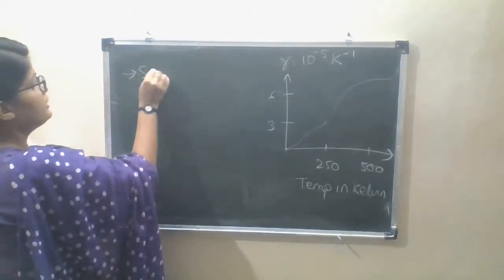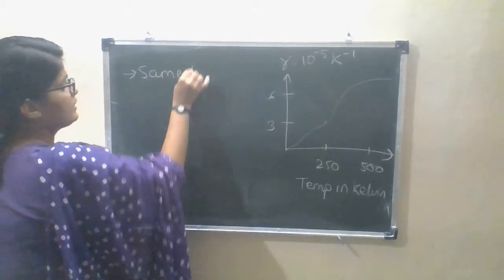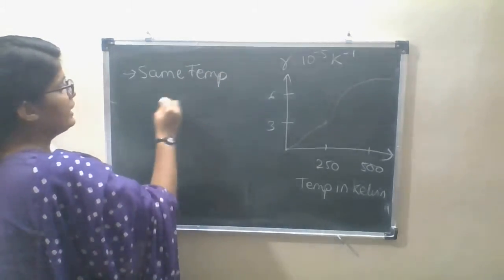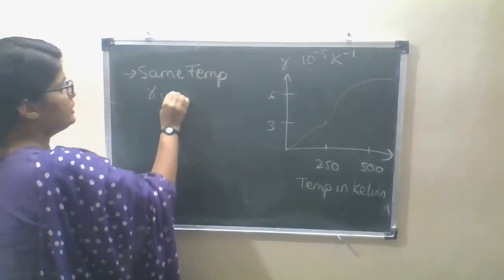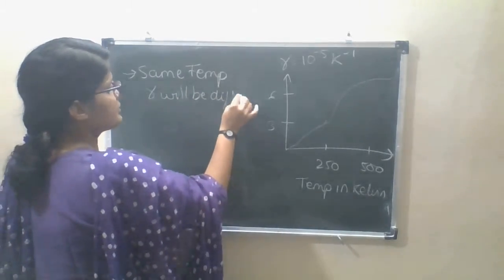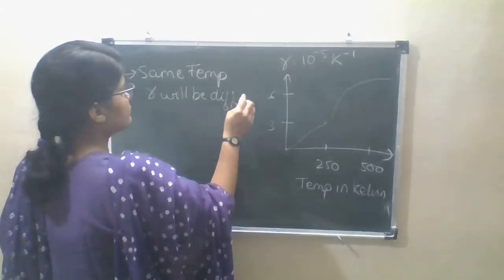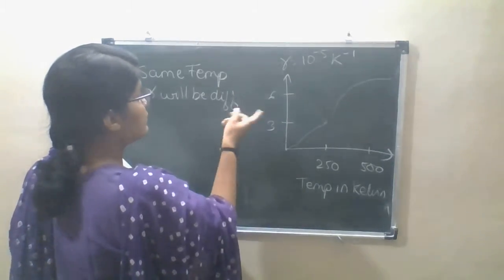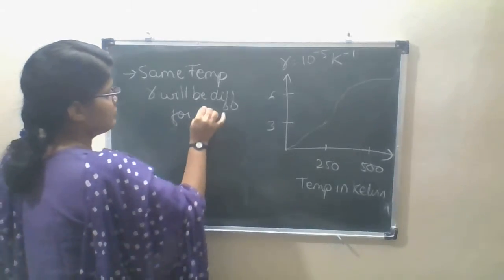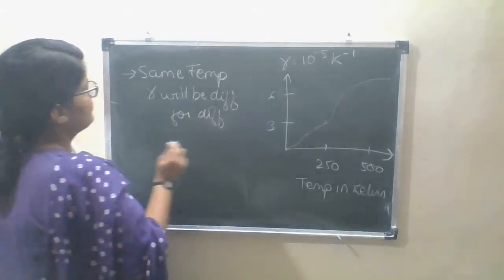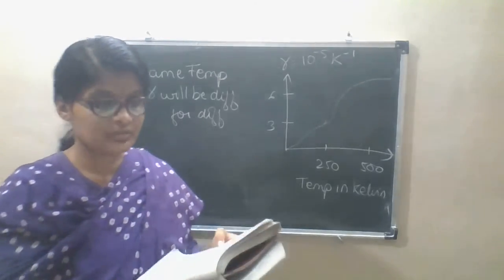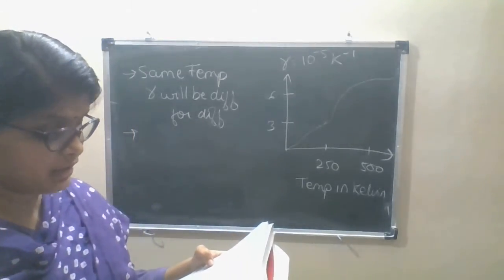If the temperature is the same, the value of gamma will be different for different substances. This is the basic change regarding gamma which we are discussing.